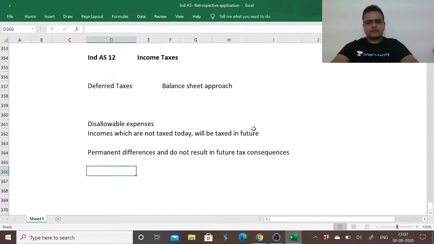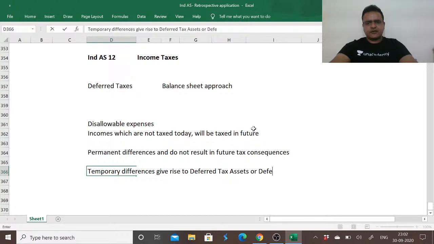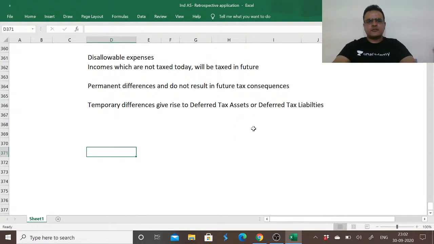But if there are temporary differences, they result in deferred tax assets or deferred tax liabilities. Now we are moving away from timing and permanent.